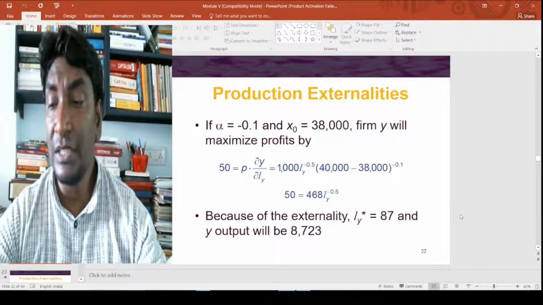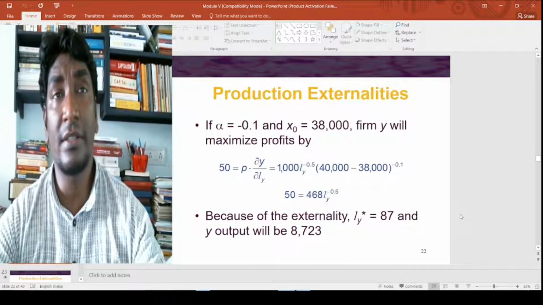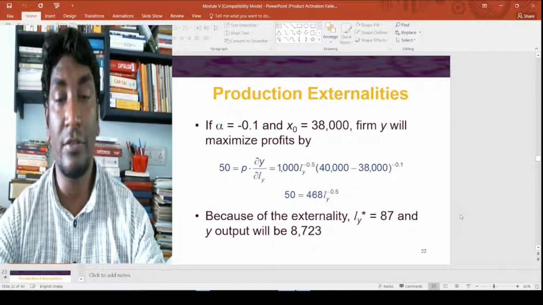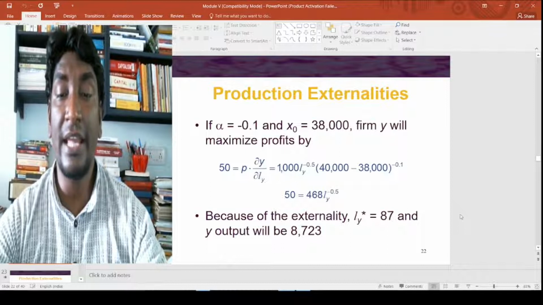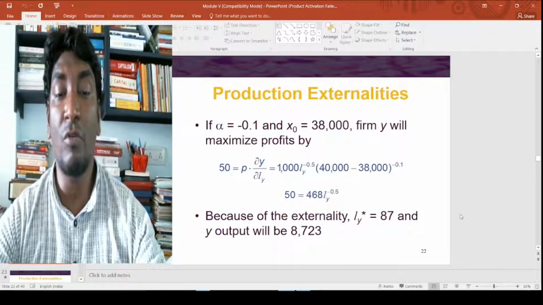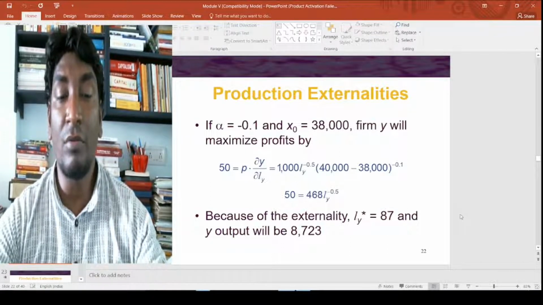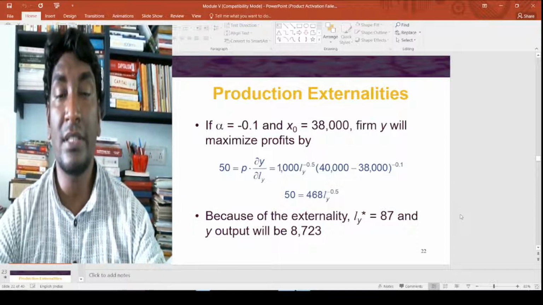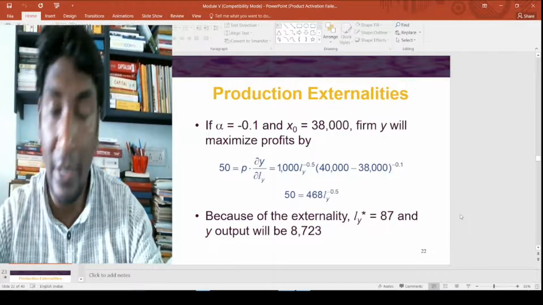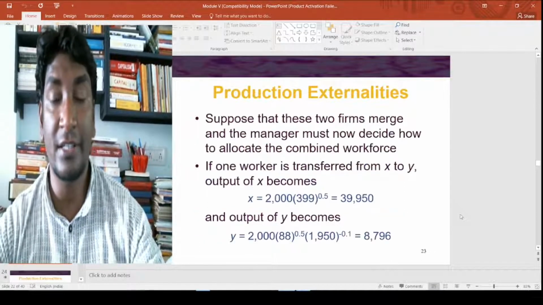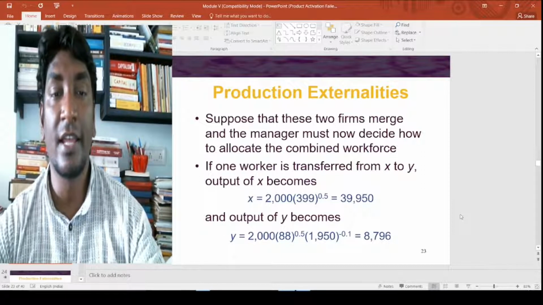So 50 is equal to 468 Ly to the power of minus 1. Because of the externality Ly is actually 87, and Y output will be 8,723. See, a drastic fall in the output of Y because of the pollution.